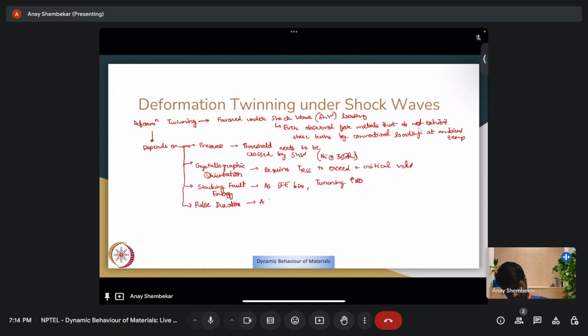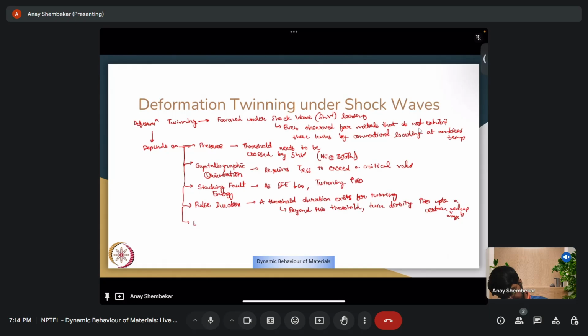A threshold duration exists for twinning, and beyond this threshold, twin density increases up to a certain maximum value. So it basically increases and then saturates.